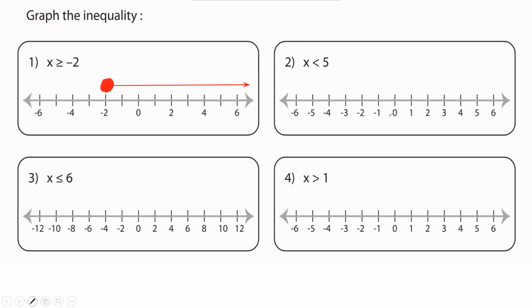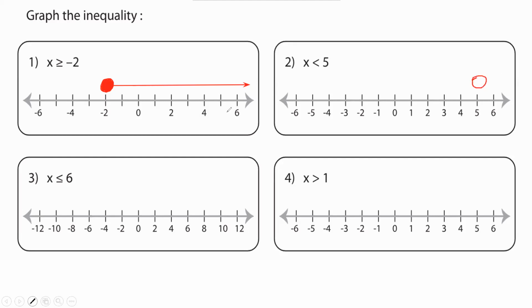Unshaded. Why is it gonna be unshaded? Because there's no line underneath the symbol. Very good, because there's no line underneath. So we're gonna do a circle above the 5.